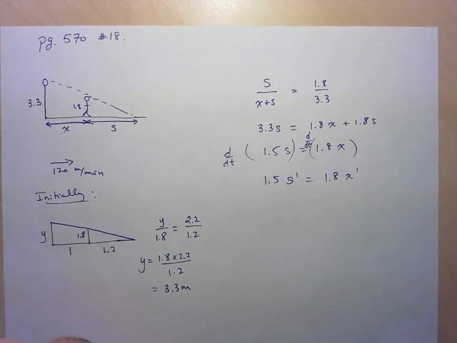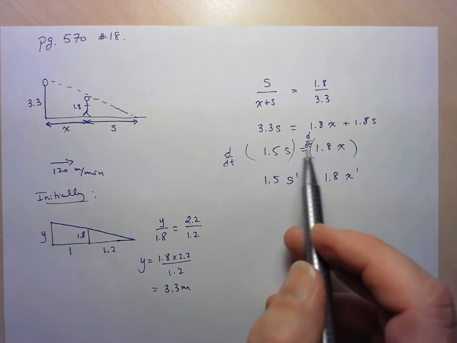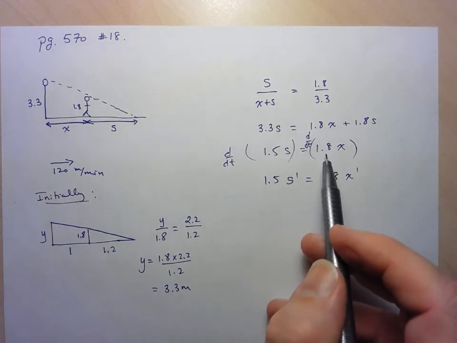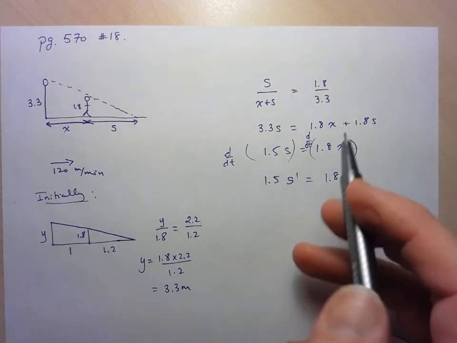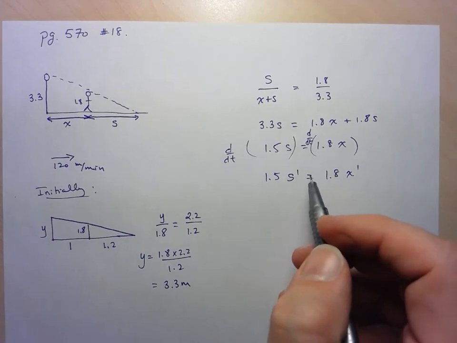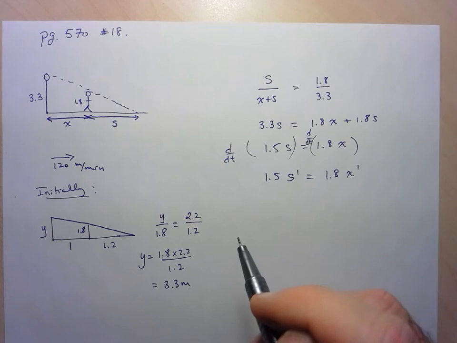Now I want you to go back and notice that my original equation relating the two variables was a linear one. They asked me for the rate the shadow is lengthening after 5 seconds, but I actually don't need to know the time or any other information since this relationship is linear. Again, they just gave us some extraneous information.